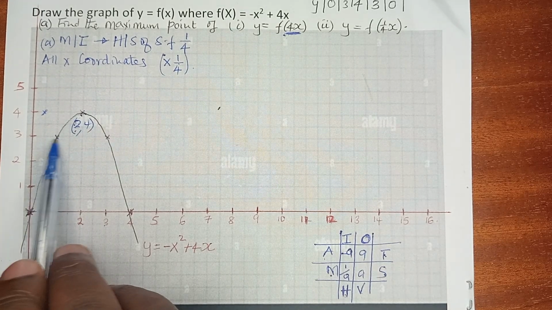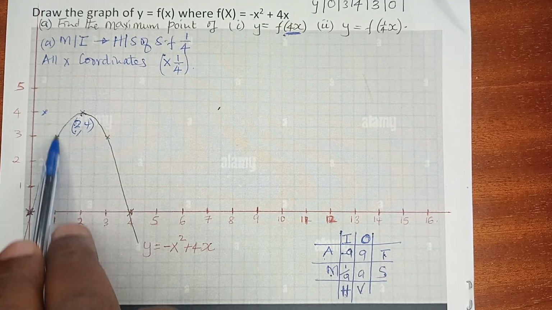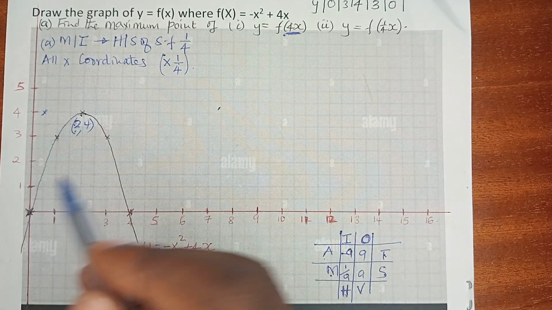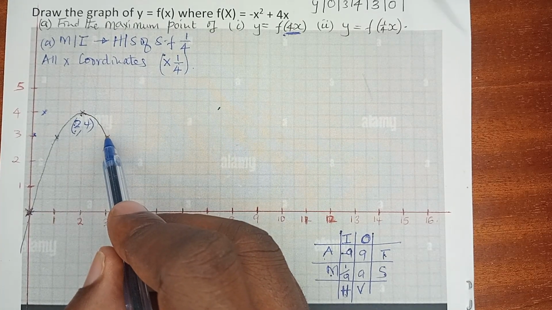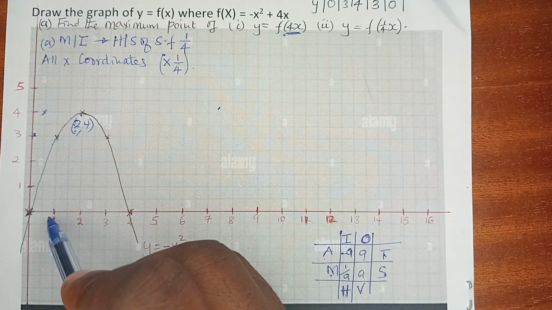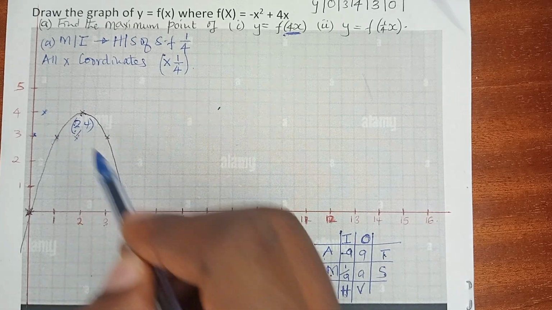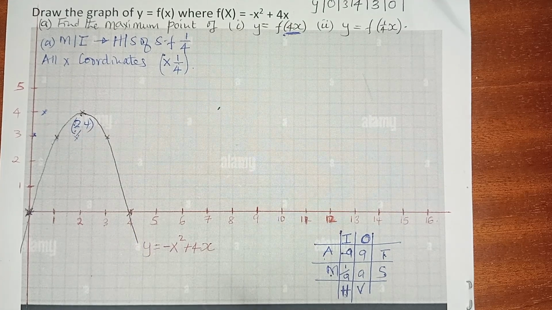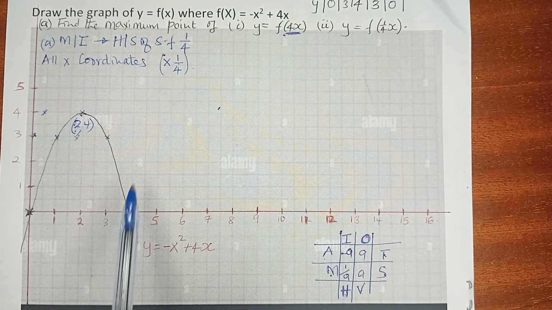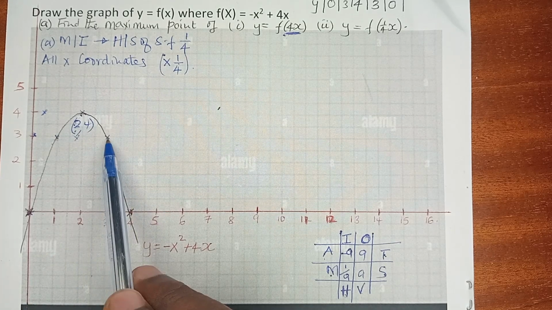The value of x here is 1, and 1 times a quarter is a quarter. The value of x here is 3, and 3 times a quarter is 3 quarters.